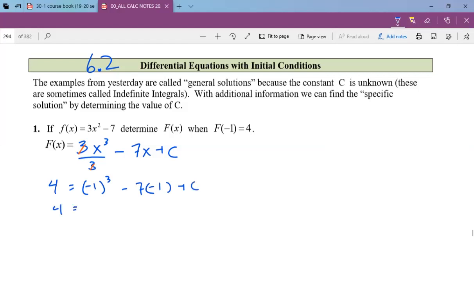This ends up being 4 is equal to -1 plus 7 plus c. Subtract 6 from both sides, and -2 is equal to c. So therefore, we conclude that big F is equal to x cubed minus 7x minus 2.